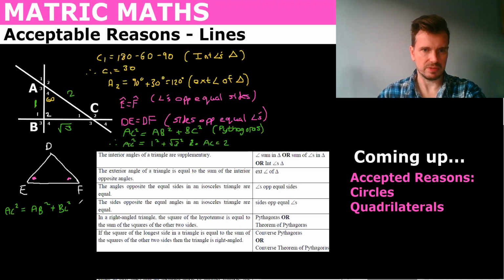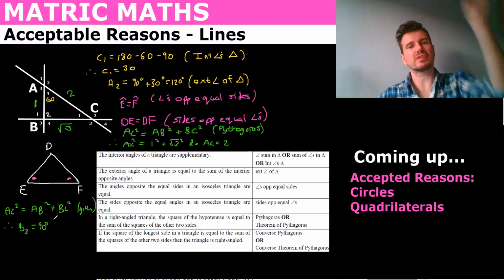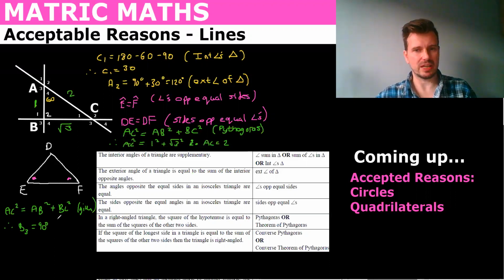And that would be sort of given to us because we can see that it's true. We would therefore say that B3 is equal to 90 degrees. And here, because we're proving the other way around, we simply say converse Pythagoras. Don't have enough space to write it in writing next to it, so I'm just going to write it under.